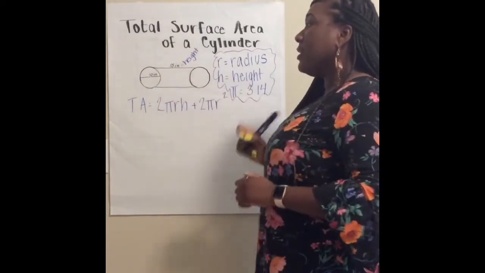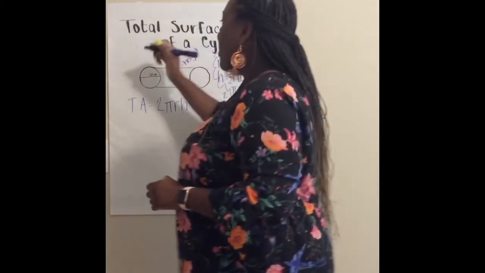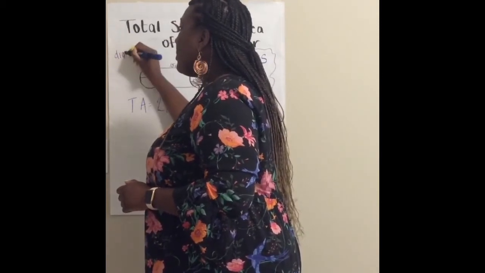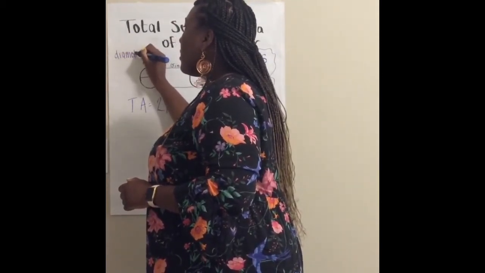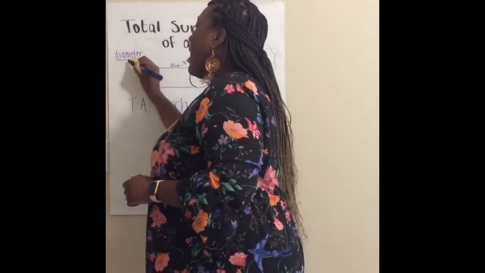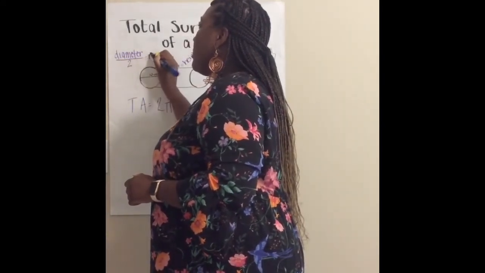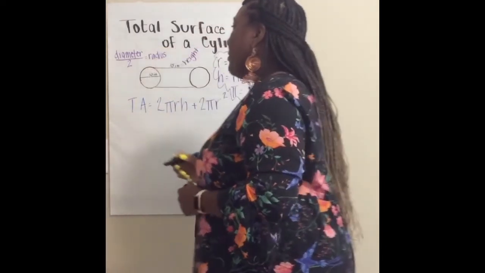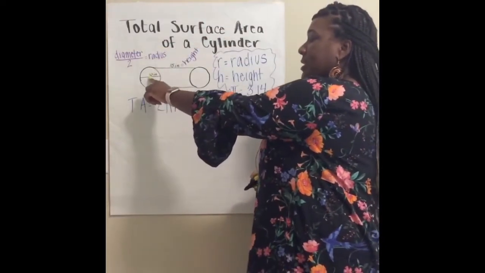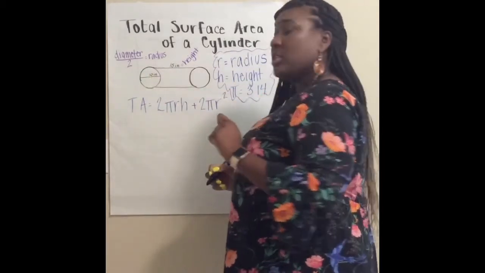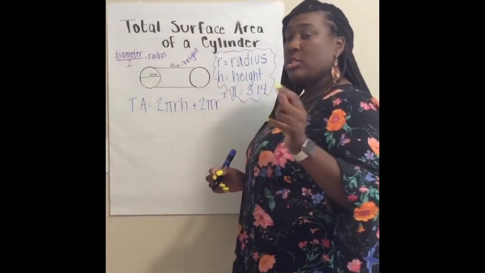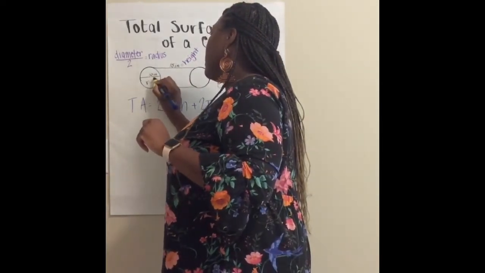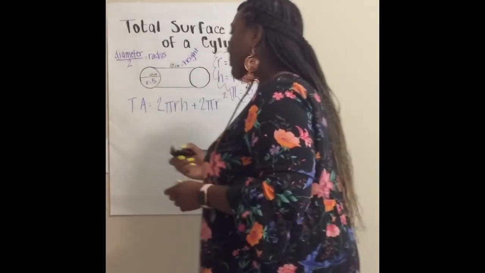So your diameter is 10. Remember, if you take your diameter and divide it by 2, that's your radius. So if we take 10 and divide it by 2, you should get 5. So your radius is 5.